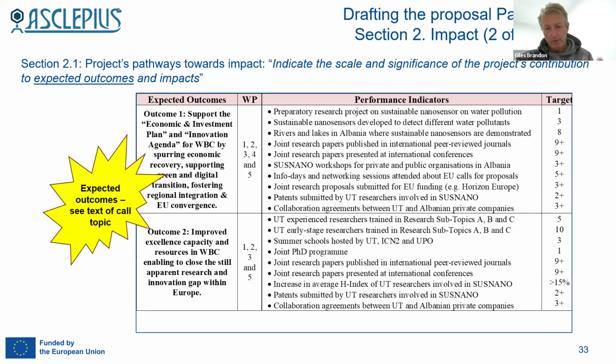Okay, look, that's a table for a coordination support action on twinnings, but you can imagine you're doing a research and innovation action on bacteriophages. Think also in the impact section about some kind of quantitative indicators, yeah? It's important.